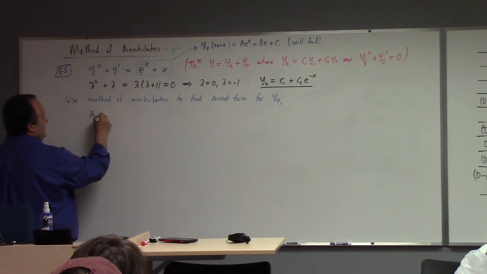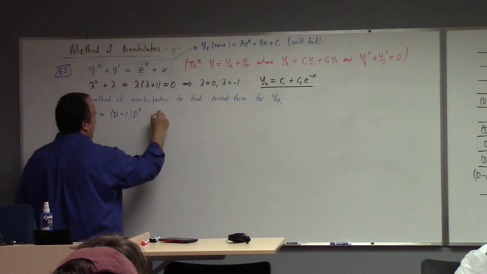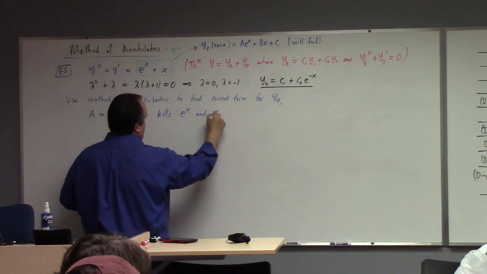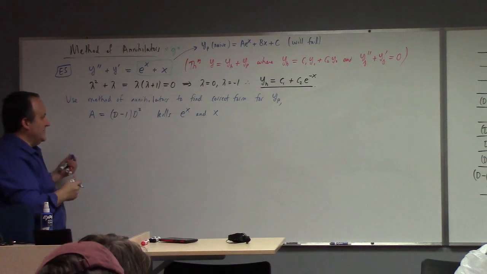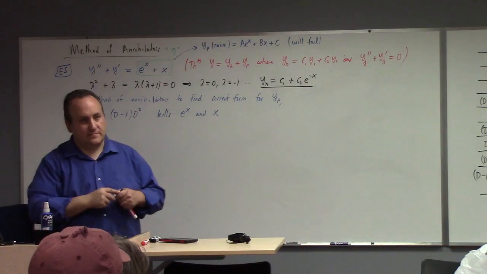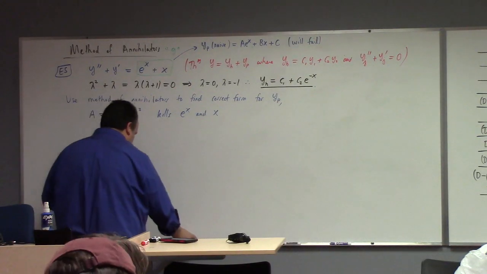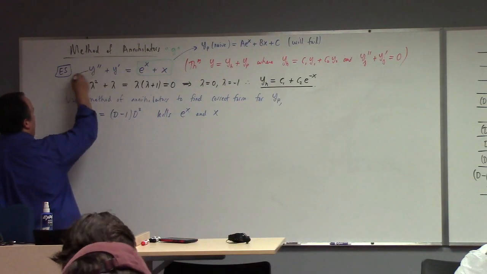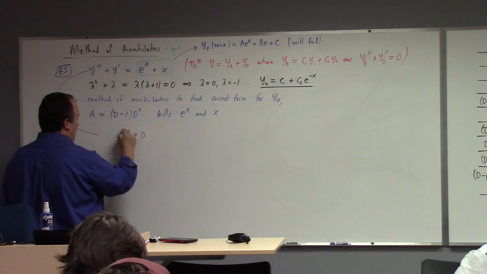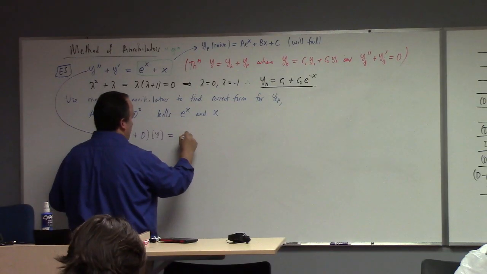How about A = (D - 1) D squared, which kills e^x and x. My D - 1 will kill off the e^x, and my D squared will kill off the x. My original problem I can rewrite as (D squared plus D) acting on y equals e^x plus x.